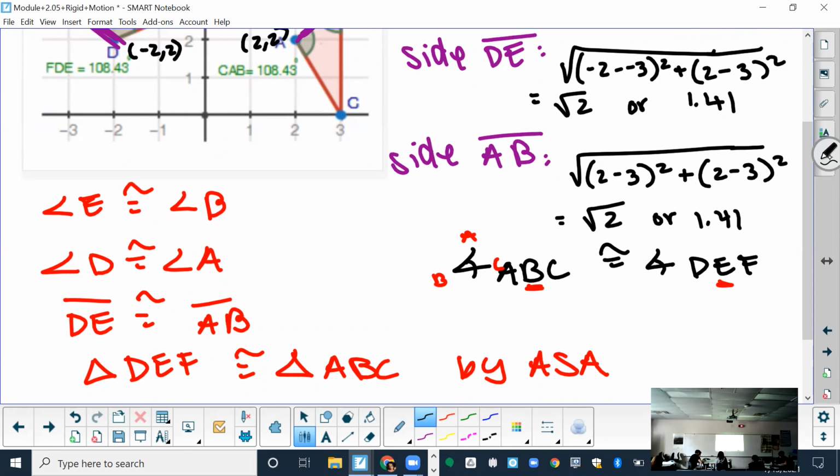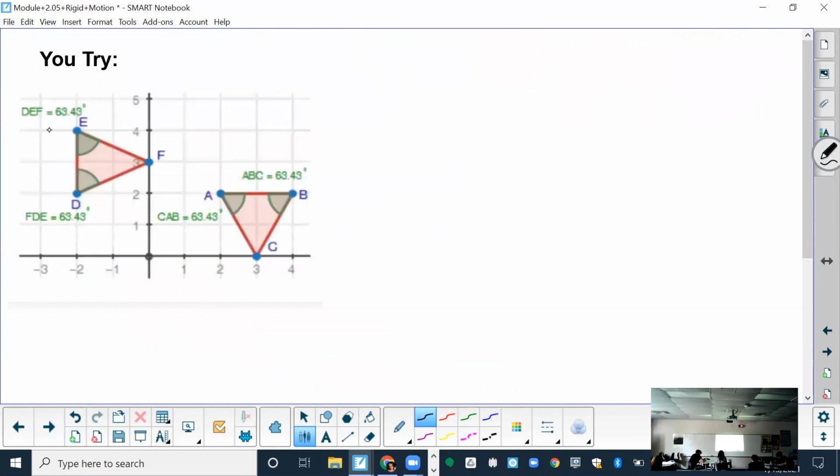All right. We will look at this next Your Try, just because I'm going to save you some trouble a little bit. We're going to look at it together. This Your Try, notice that we have the two angles, right? So what theorem can we use? Angle side angle, that'll probably be the best one, the easiest one.